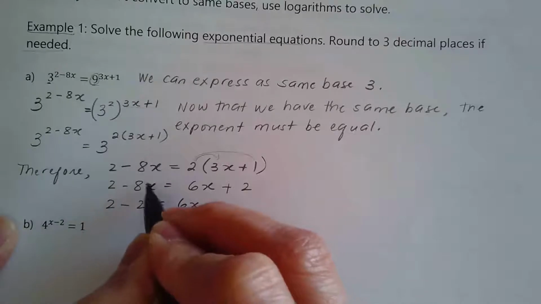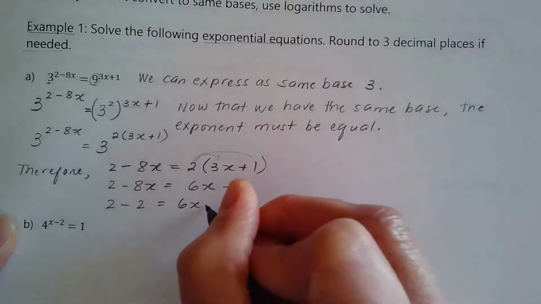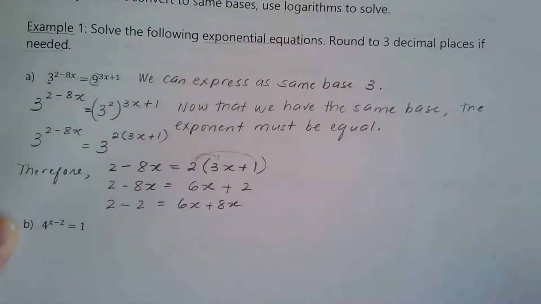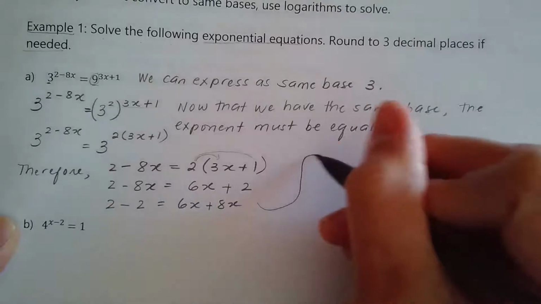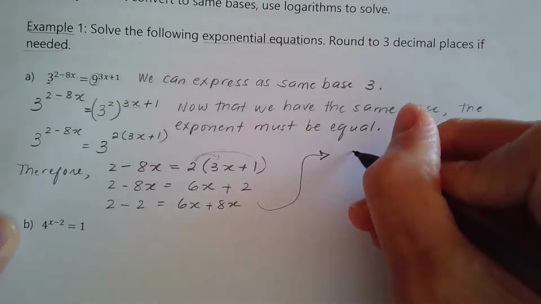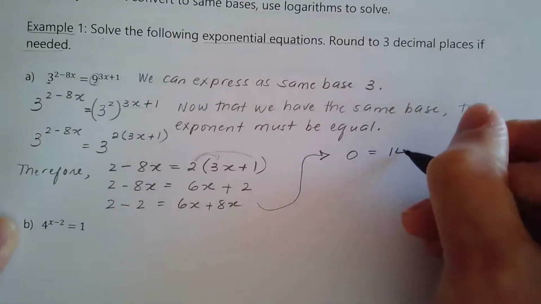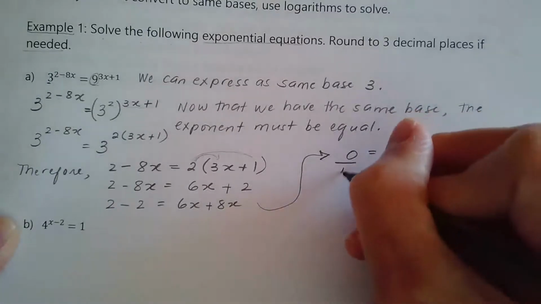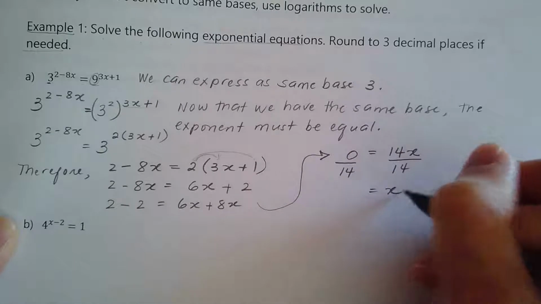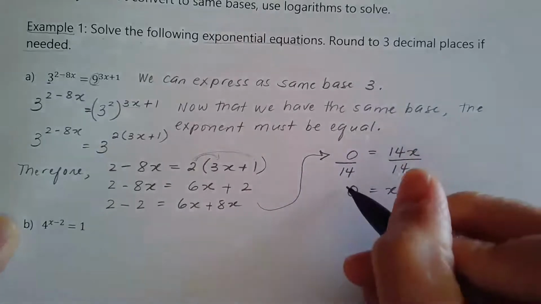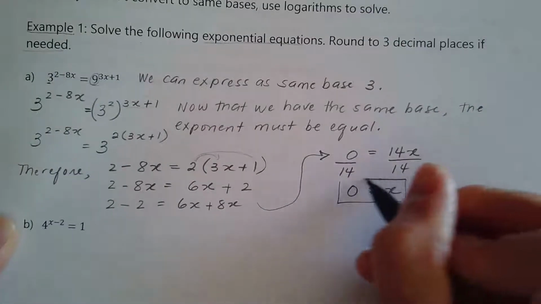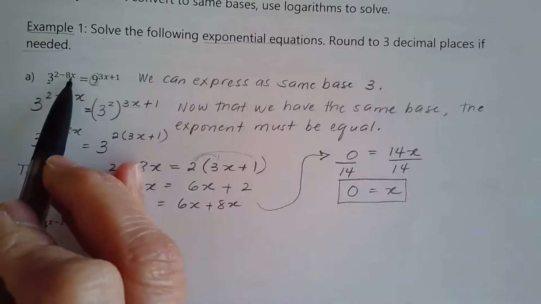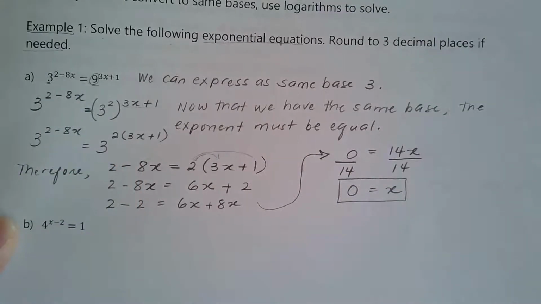And if I take this negative 8x to the other side, it becomes positive 8x. So it's going to be 0 equals 14x. Divide by 14 on both sides, so x equals 0. After all that calculation, x is 0.